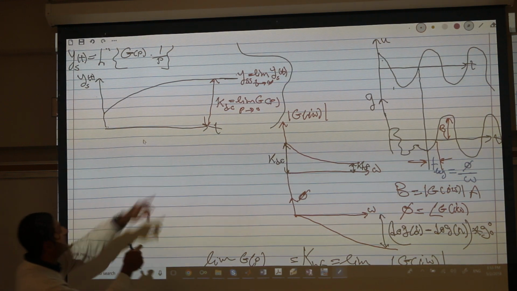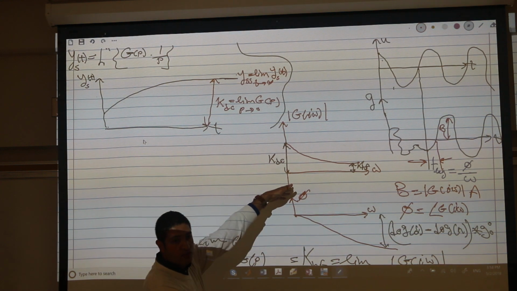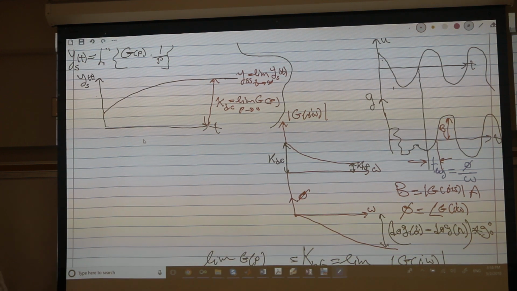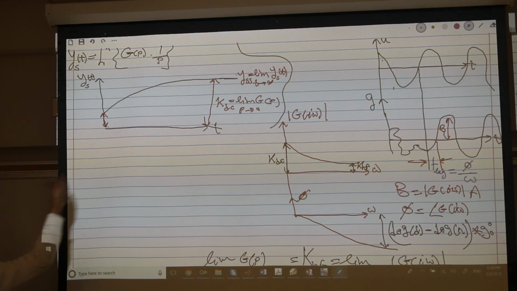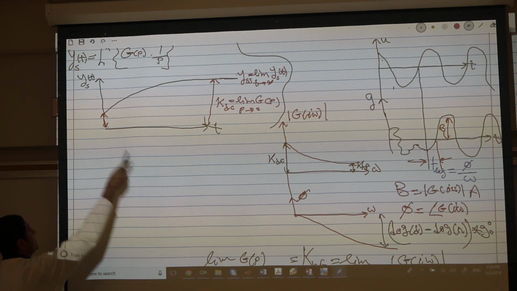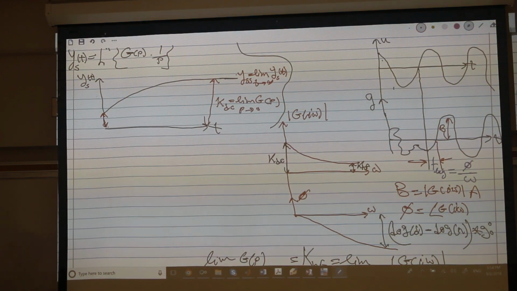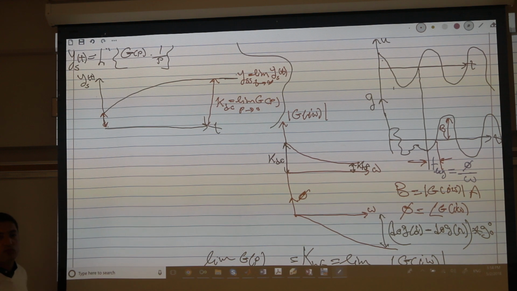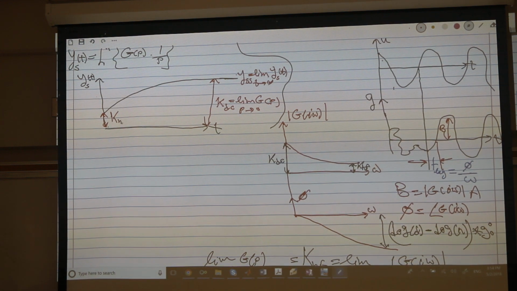We said infinite time is 0 p or 0 omega. So now infinite omega is 0 t, is 0 time. So this guy, the initial value, because when you give a step input subject to 0 initial conditions, this guy has to start from 0. But if it immediately picks up something, then this is due to the high frequency gain, right? It immediately gets it. It's an infinite frequency, right? So this is the K high frequency.